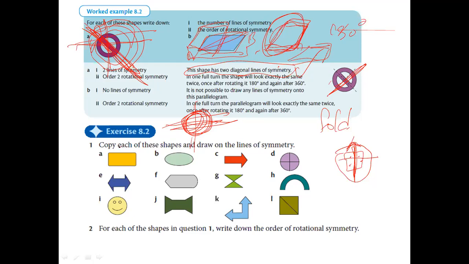Can I divide by the middle of this rectangle? Yes, they are equal to each other, A and A. Can I divide also horizontally? Yes, below the shape and above the shape are equal to each other. So this figure has two lines of symmetry.